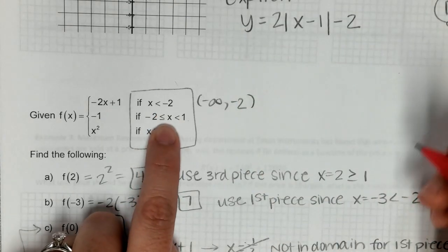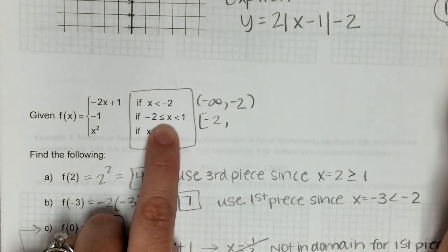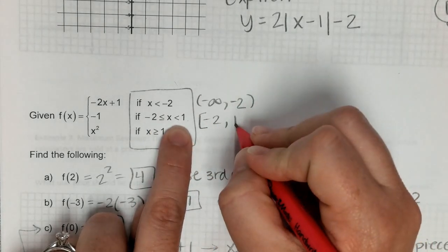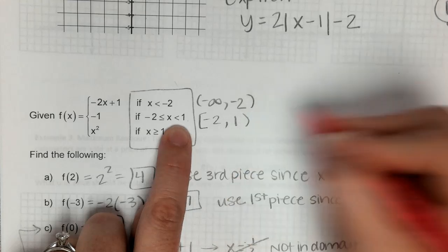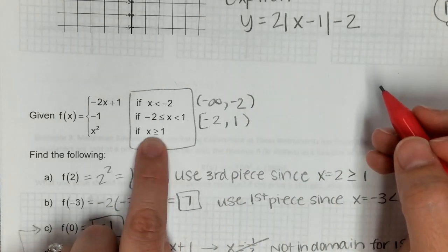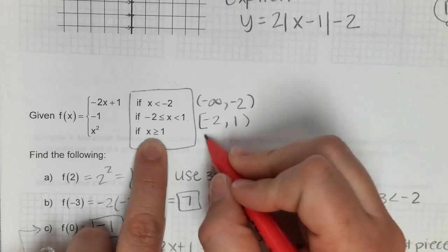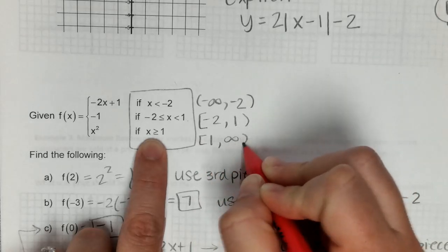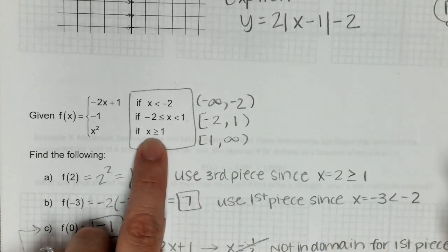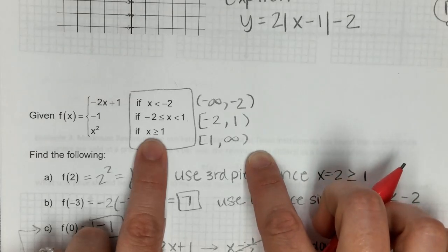Middle piece. -2 to 1, bracket on the -2, parentheses on the 1. Third piece. Bracket 1 to infinity.